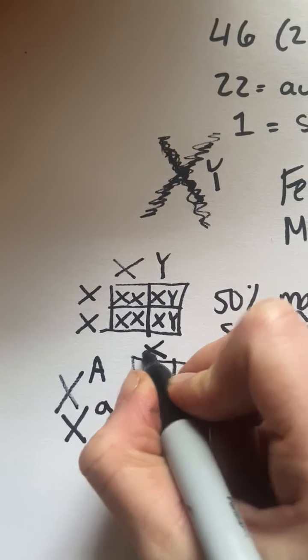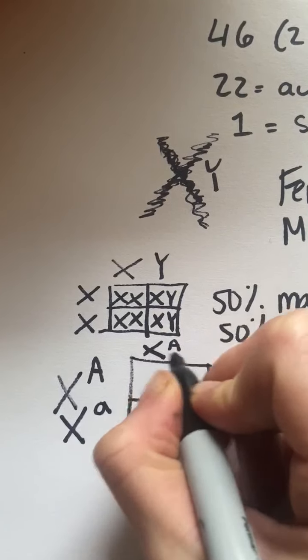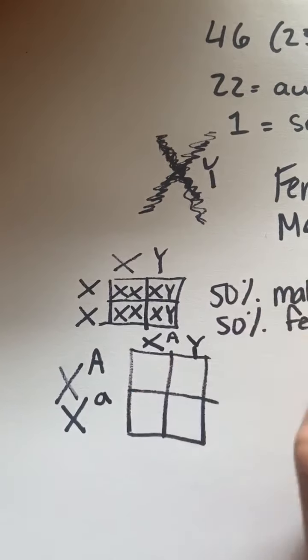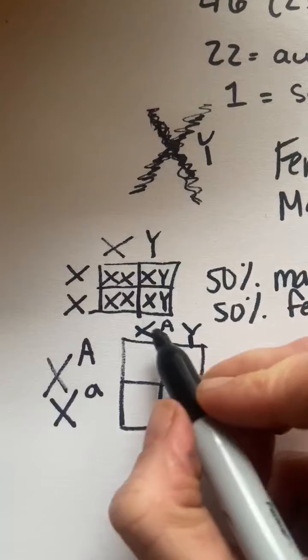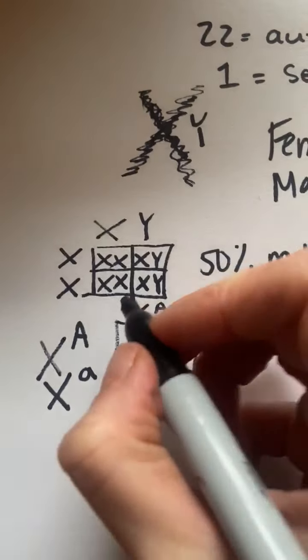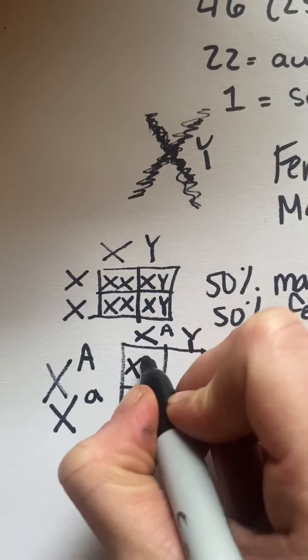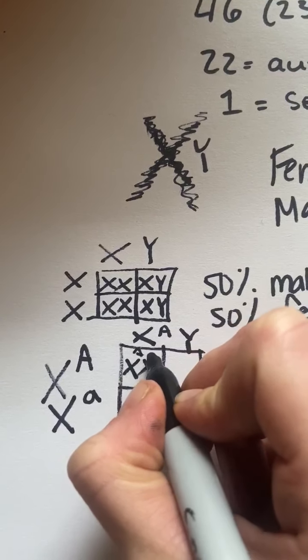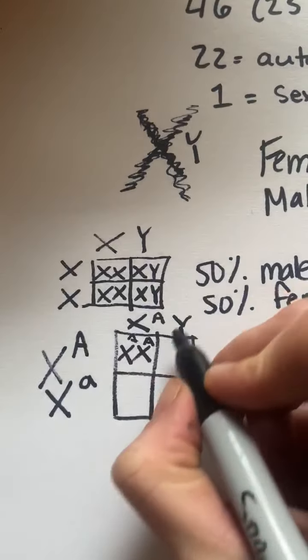And say we cross that with a male who can also see color fine, has that big A. But the Y doesn't have one. So they actually only have 1 allele for this trait. And what happens with that is that you get here a female that has 2 capital A's.